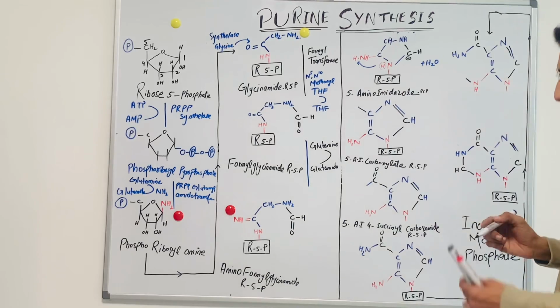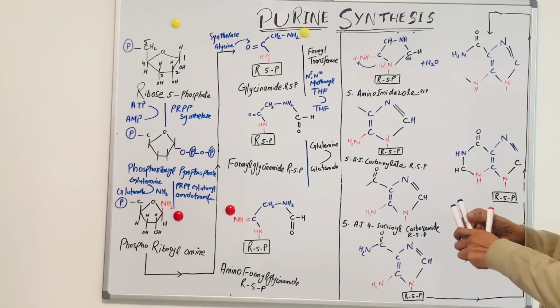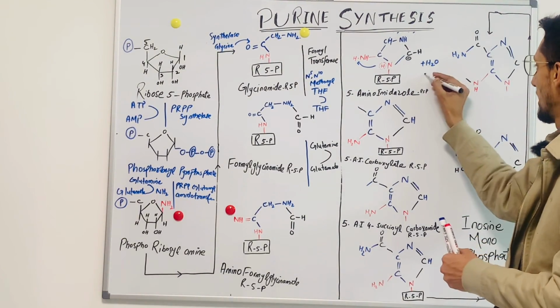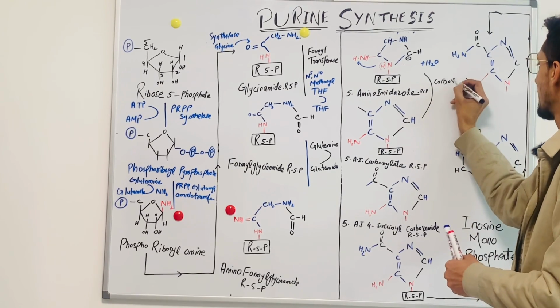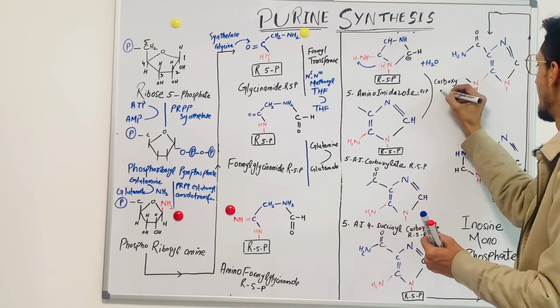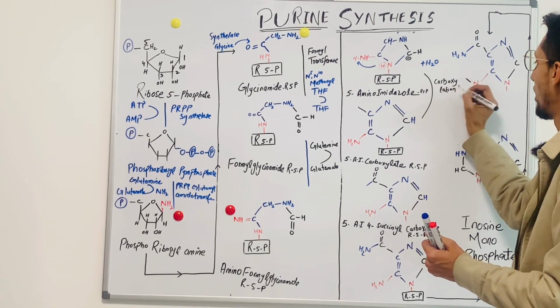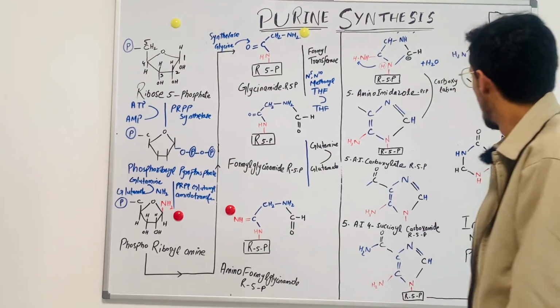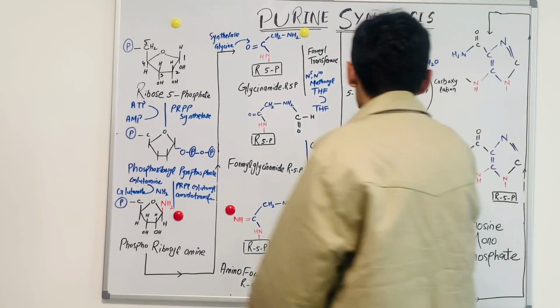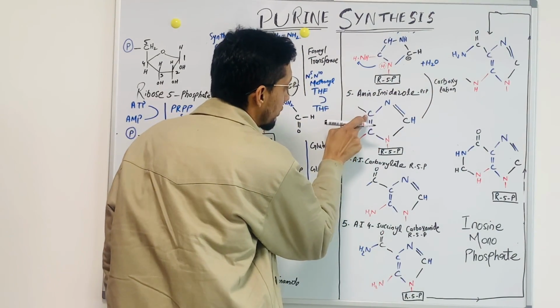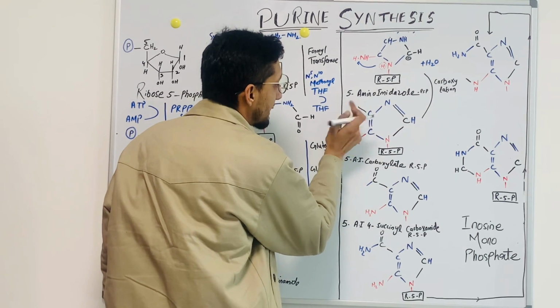So what happens next is carboxylation. What is carboxylation? As the name indicates, carboxylation means addition of carbon dioxide. So what will happen here? The carbon dioxide will get attached to this portion, as I told you, this carbon is free and it can form a bond.